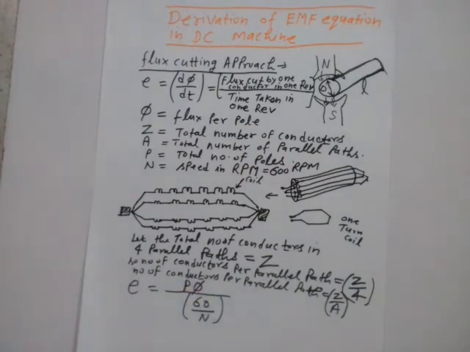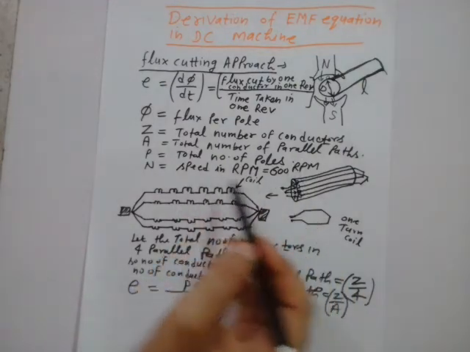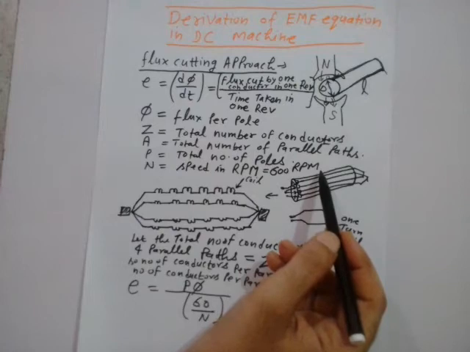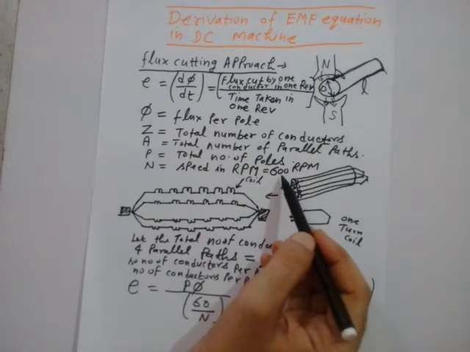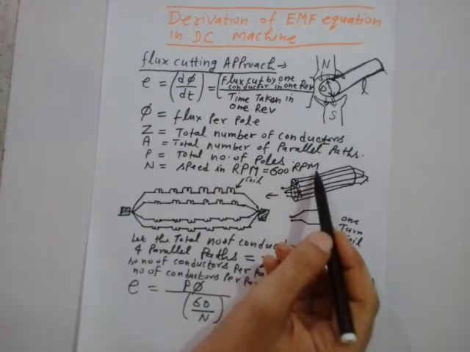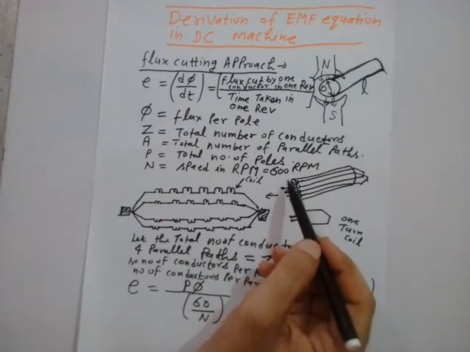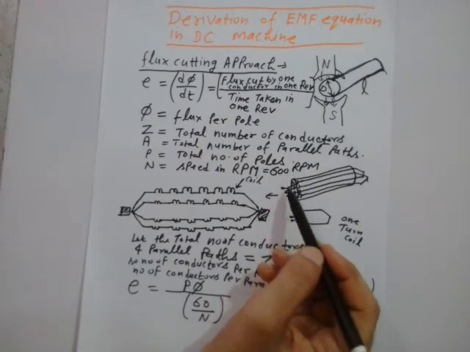See what I said once again. If the speed n is 600 revolutions per minute, that means 600 revolutions will be made in 60 seconds. Then one revolution will definitely be made in 60 by 600 seconds, right?